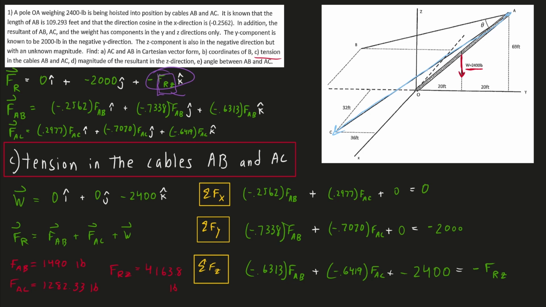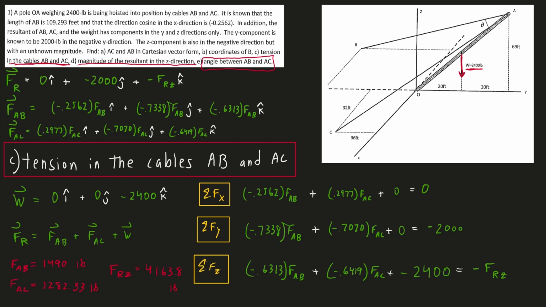Alright. So that is the tension in cables AB and AC, as well as part D, the magnitude of the resultant in the z direction. So lastly, we need to figure out the angle in between AB and AC. We can't forget about that guy right there. It's not too hard of a problem. We just have to use dot product.